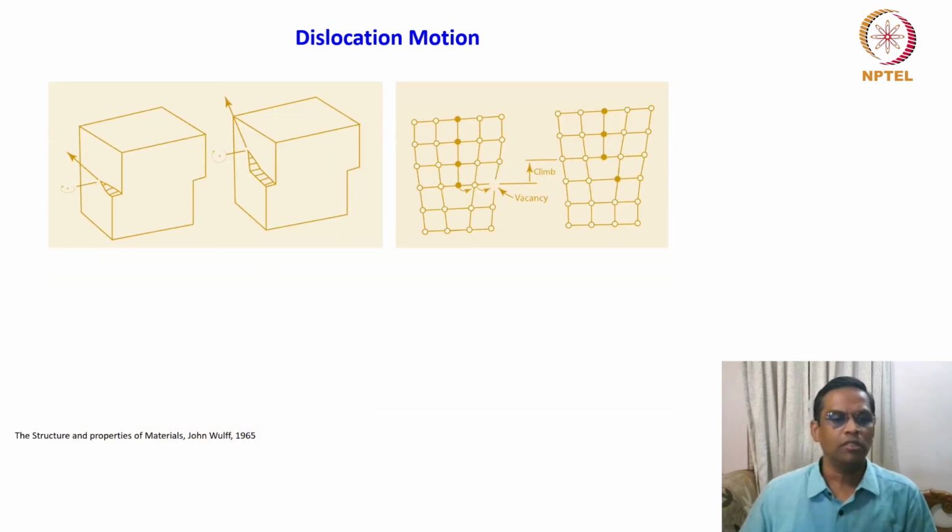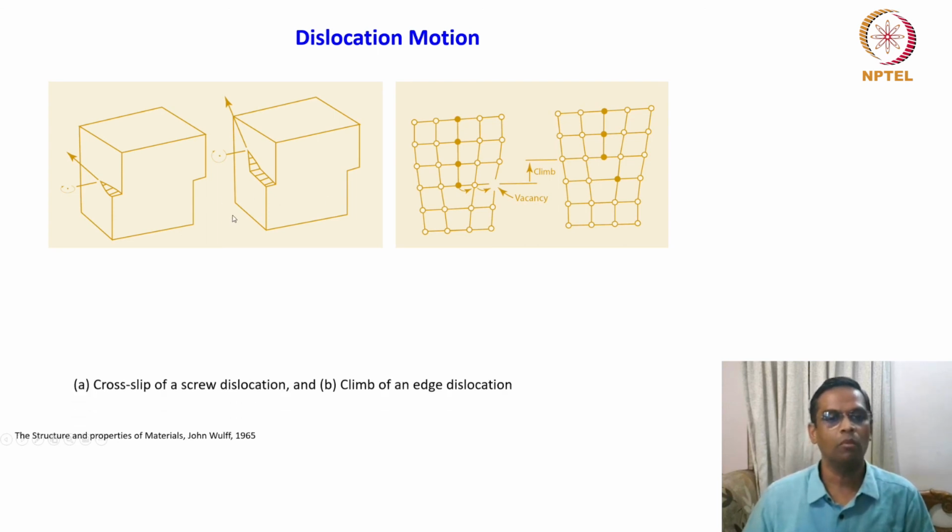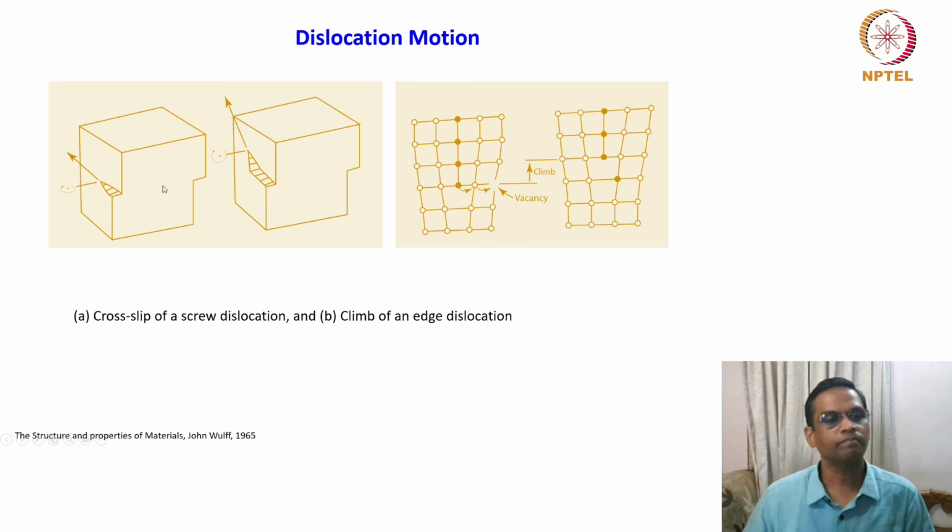Okay, finally I would like to show one small image about dislocation motion. This is a screw dislocation which is supposed to move in a straight line, but then it goes into some other plane. It cross slips, right? A screw dislocation need not glide in the same plane, but can go to the next plane by the cross slip mechanism.